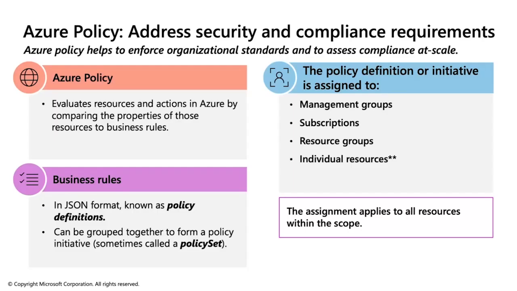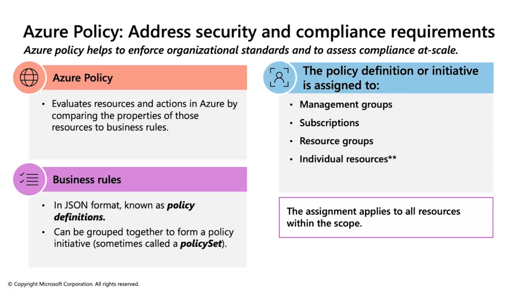Similar to this, we have many different settings that we can use in Azure Policy. What it does is evaluate resources and actions in Azure by comparing the properties of those resources to the business rule I've created.